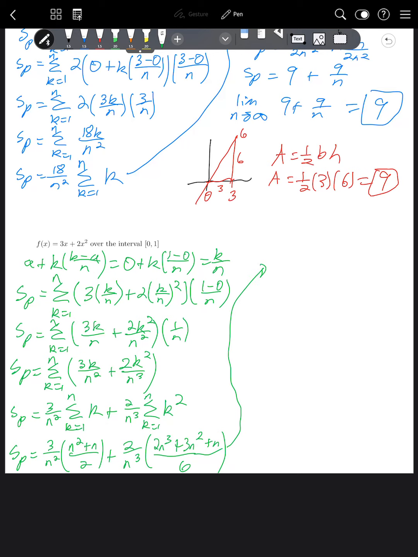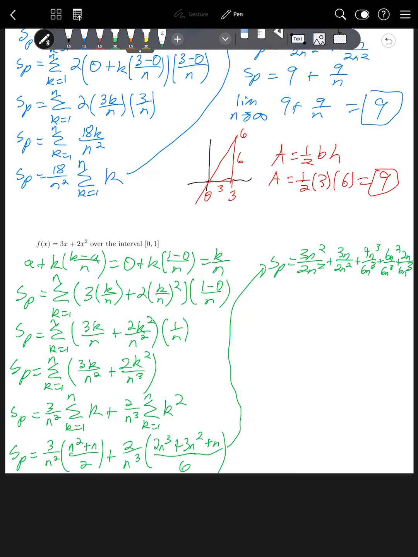Okay, and now we can multiply that out. I'll do the distribution. So S sub p equals 3n squared over 2n squared plus 3n over 2n squared plus 4n cubed over 6n cubed plus 6n squared over 6n cubed plus 2n over 6n cubed.